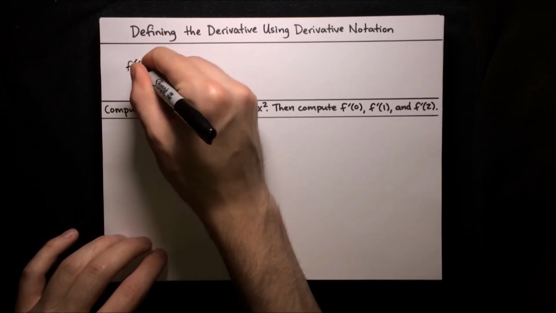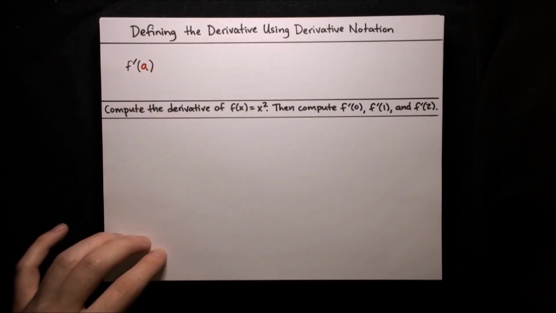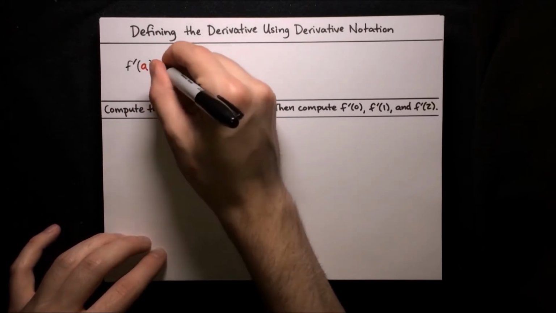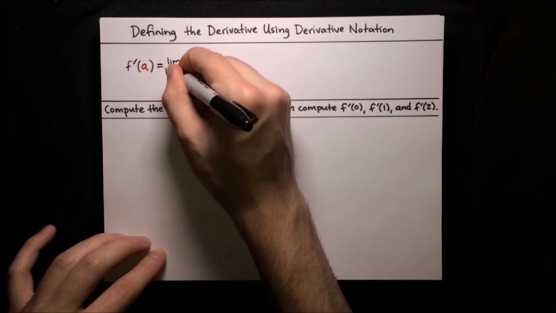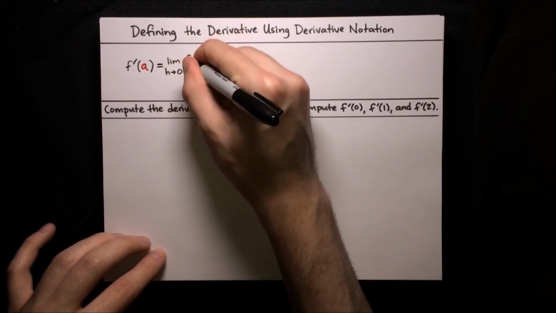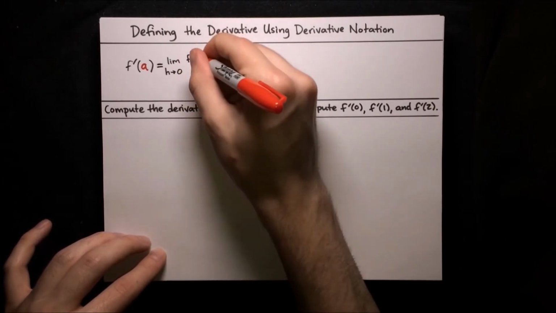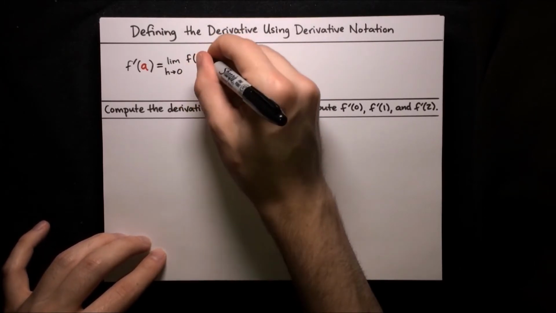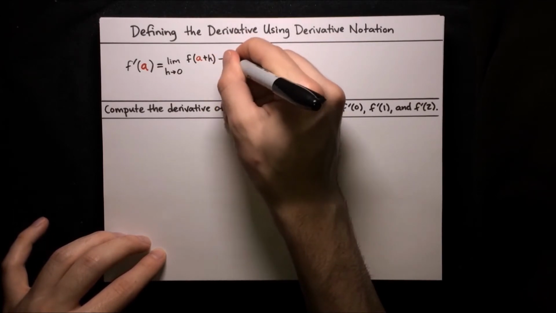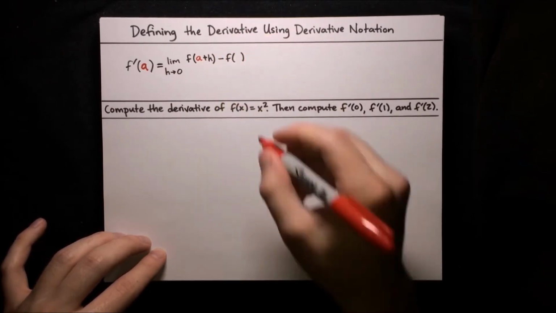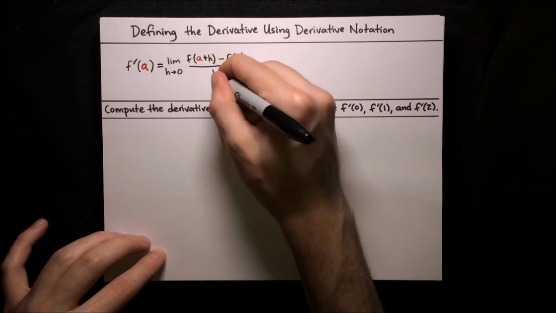F prime of a, meaning the instantaneous rate of change of f at the point a, is equal to the limit as h approaches 0 of the function f evaluated at the point a plus h, then minus f of a, all divided by h.